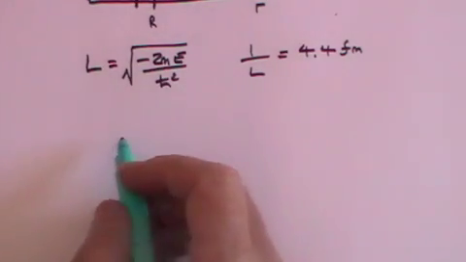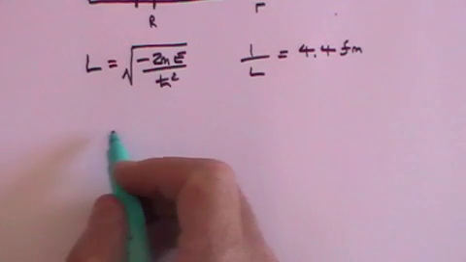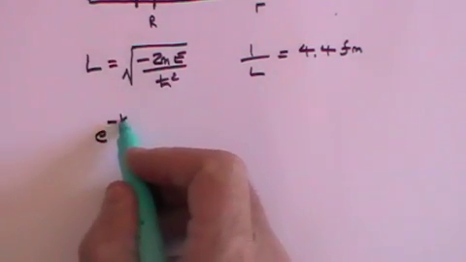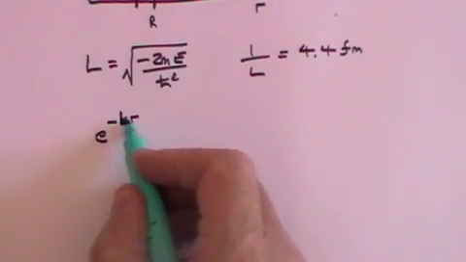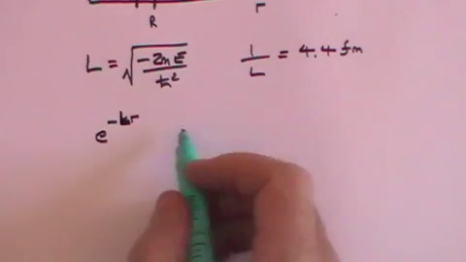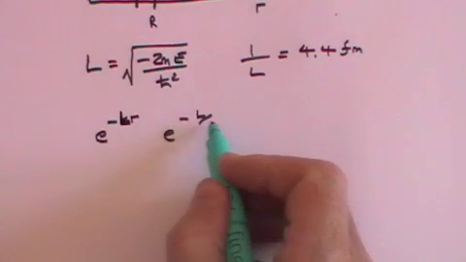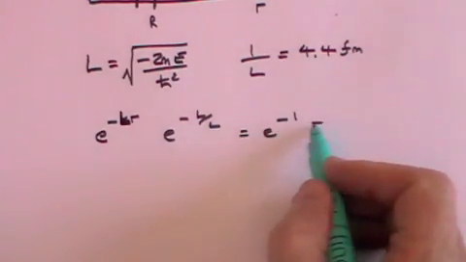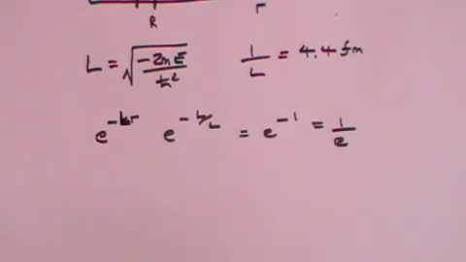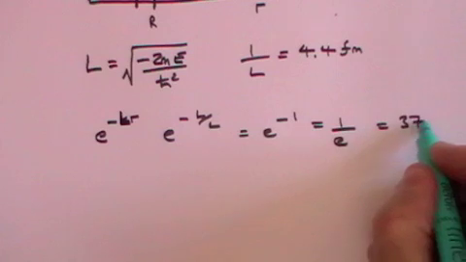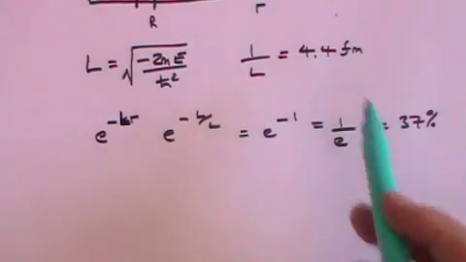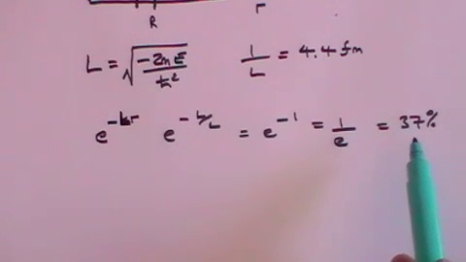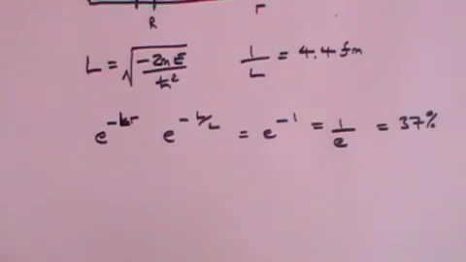Because if you're looking at e to the minus Lr, when r is 1 over L, you've got e to the minus L over L, which is e to the minus 1, which is 1 over e. 1 over e is about 37%. So what we've established is when r is 4.4 Fermis, the wave function is at 37% of its maximum value.